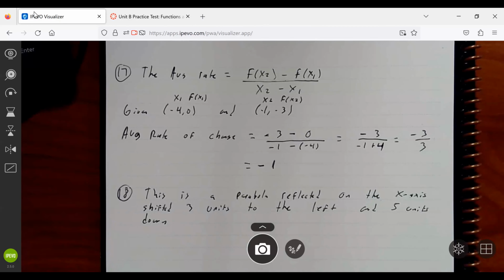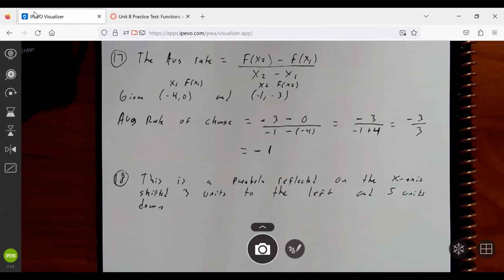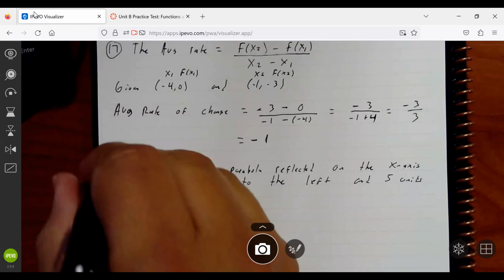Yeah, parabola or quadratic would have been fine, or squared function, sure. No big deal.